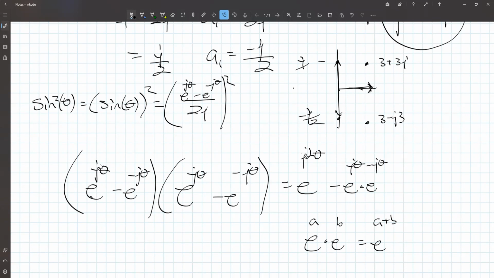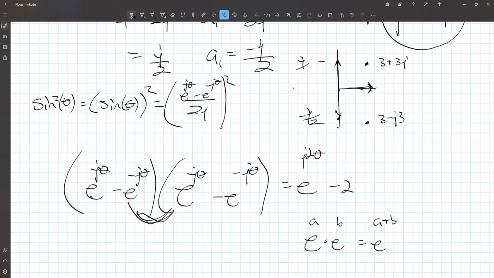Okay. So I'm gonna erase all this and write 1. And now we do the second part. This is the same exact thing we just did there. We'll end up with a number 1. So we could just write 2. And then we have E to the negative J theta times E to the negative J theta.